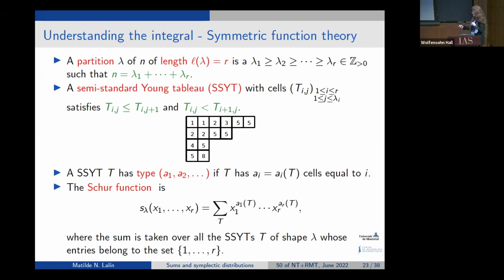If I have variables x1 up to xr, I take the sum over T of x1 to the a1 of T, where a1 is the number of ones we have, and so on up to xr to the ar, which is the number of r's that we have. Okay, so that's the Schur function.